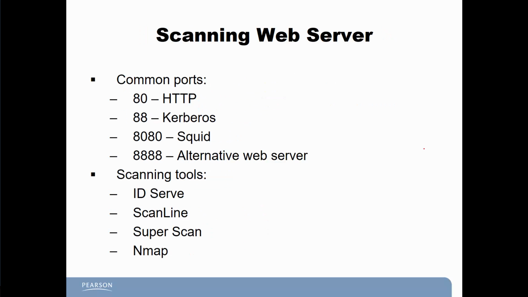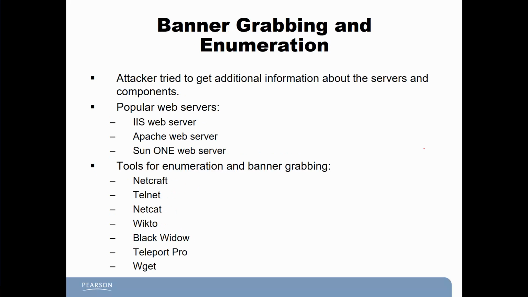So scanning. Scanning could be looking at what open ports are there. Are we looking at port 80, port 88, 8080? I mean, all of them serve specific functions. And again, we've already looked at several scanning tools like Nmap and tools such as those. For banner grabbing, it'd be like Netcat or Netcraft or even Telnet.